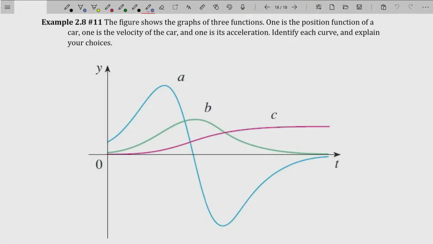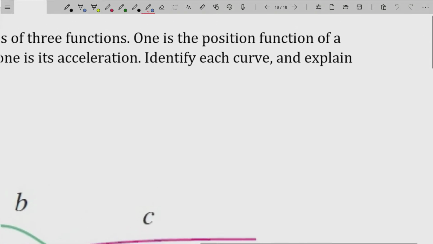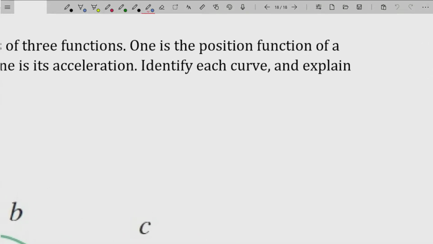And in our final example here, I do need to mention a few things. It is often the case in physics that we use S for position. S of t equals position, spatial position, really. And the derivative of that we would call the velocity. It's not just speed, it's speed with a direction.